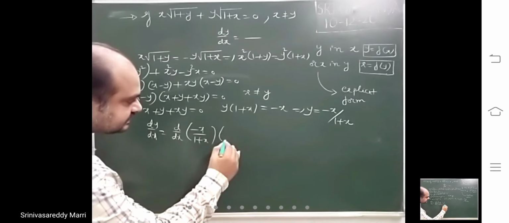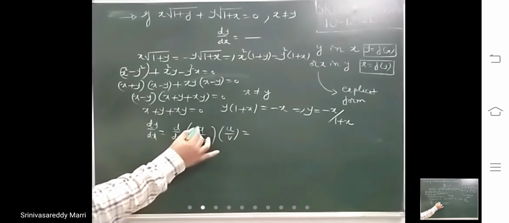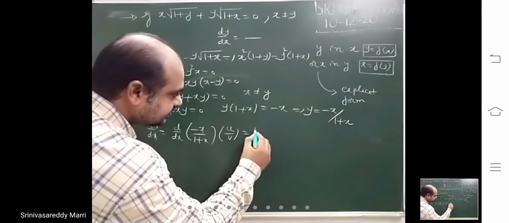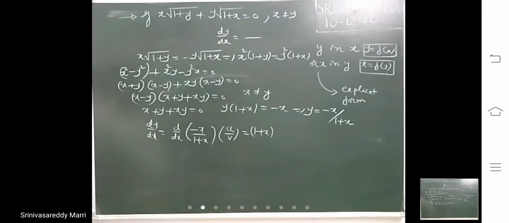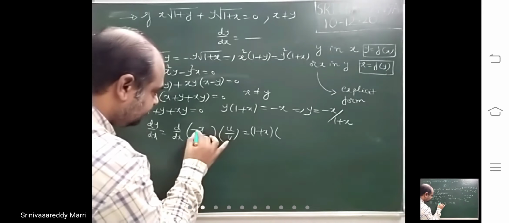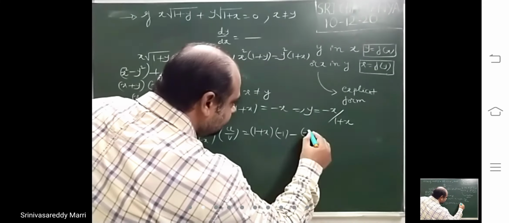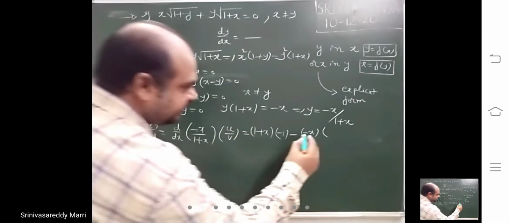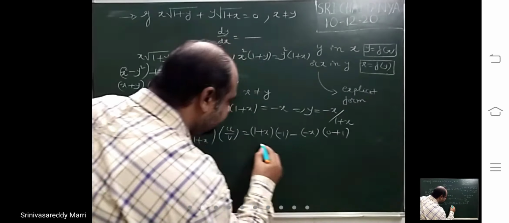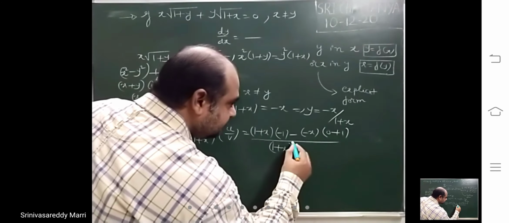So this is nothing but u by v, where u is minus x and v is 1 plus x. So 1 plus x into d by dx of minus x, which is minus 1, minus x into d by dx of 1 plus x, which is 0 plus 1, divided by 1 plus x whole square.